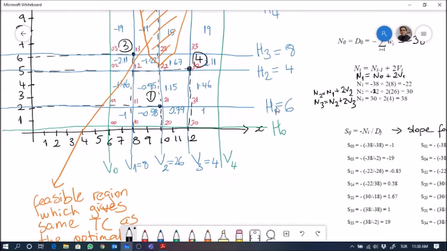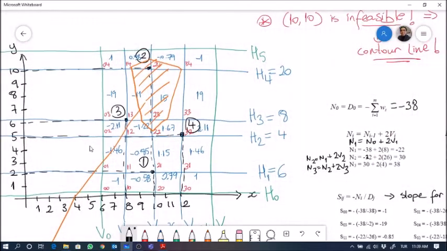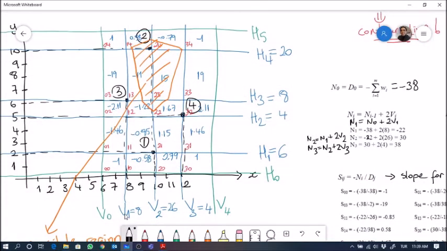V0 intersects with H1, and this one is called the 0, 1 box. Do you see the red color? 0, 0 and 0, 1, these are the boxes. Now, this is the 0, 2 box. This is the 0, 3 box, 0, 4 box, 1, 0 box. It's the intersection of vertical line 1, V1, and H0.